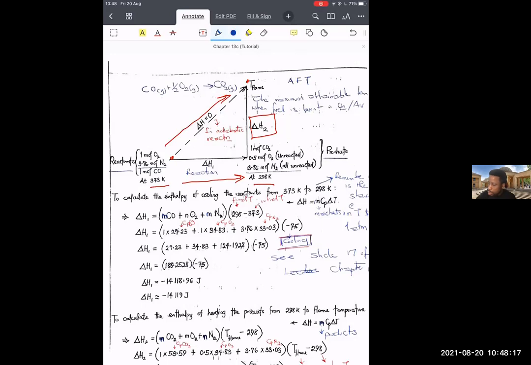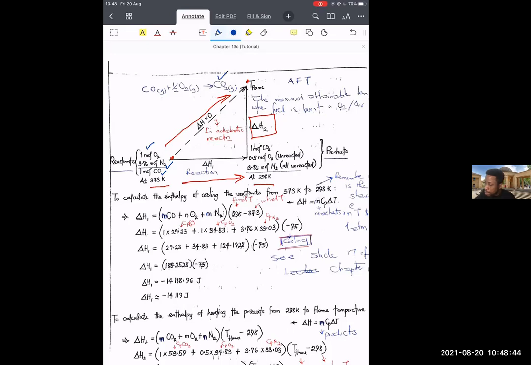So we have 1 mole of oxygen coming in. We calculated that. 3.76 of nitrogen coming in. We calculated that. Of CO, remember from the question, use 1 mole of carbon monoxide as basis. And then on the other side, remember we have CO2 being formed here.